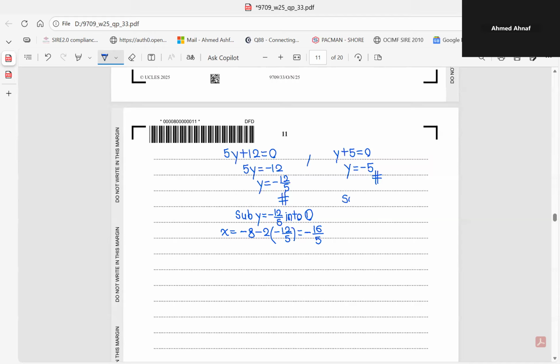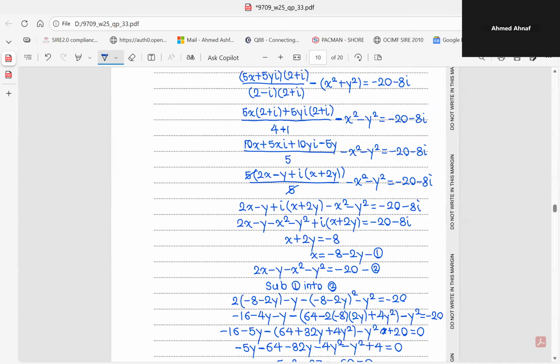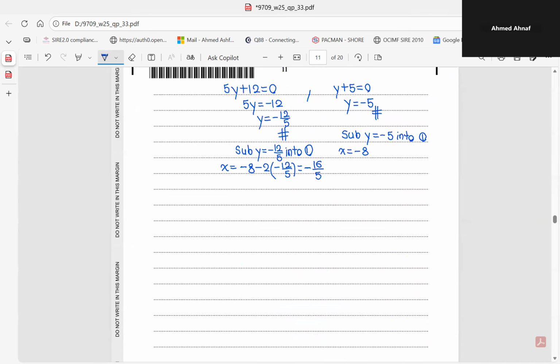And then we'll do the same for the other. So it's minus 8 minus 2y, so negative 2 times negative 5, that's 10. 10 minus 8, that is 2. Yeah, so this is our corresponding value of x and y. These would be our final answers for this question.